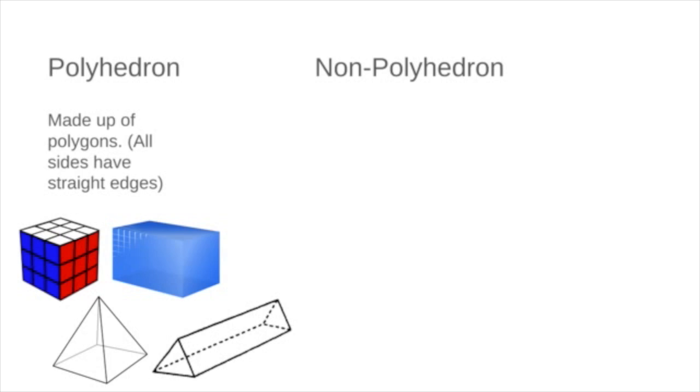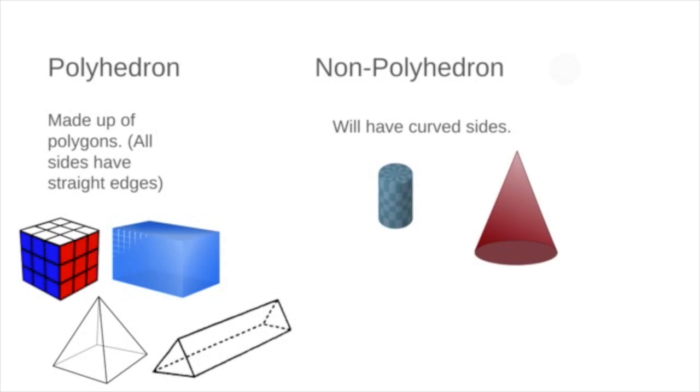If a polyhedron is made up of all straight sides or straight edges, non-polyhedrons will have curved sides. This will include your cylinder and your cone and your sphere as well.